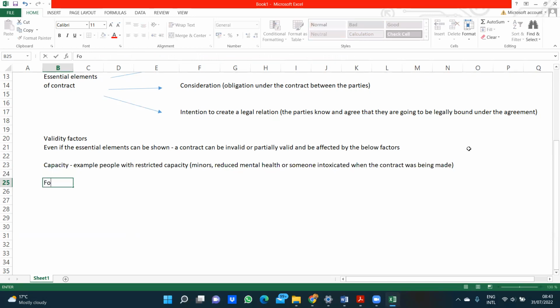Form. The form of a contract is of a generic nature. The content can be expressed, written, or implied.